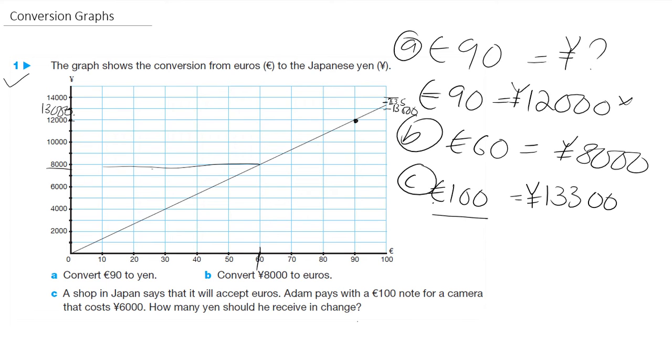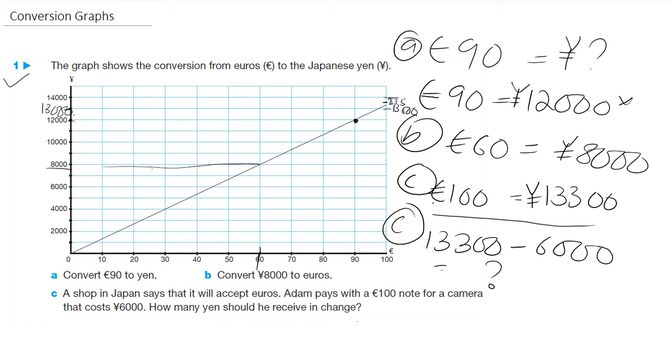All right, so 100 euros equals 13,300 yen. So how much will be the rest of the money? You just have to cancel out this with this and you will get the change. All right, so that will be the answer of C.